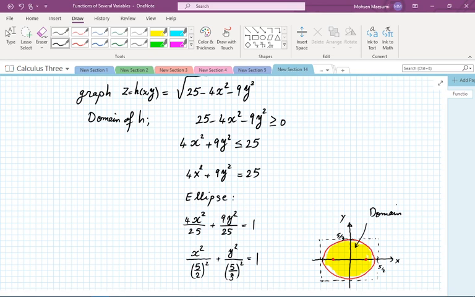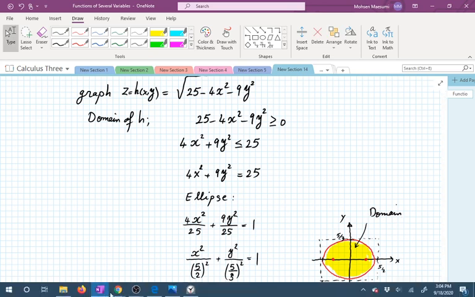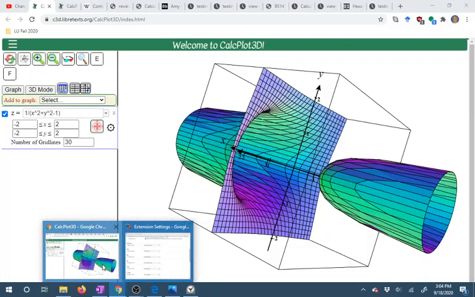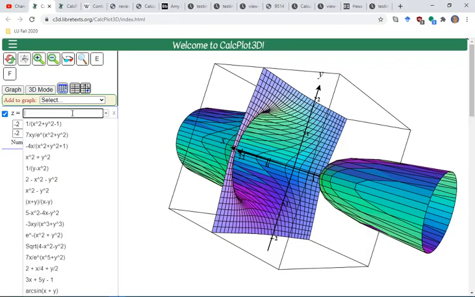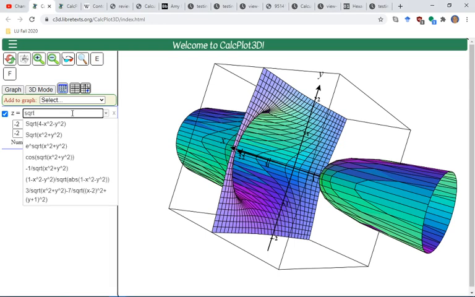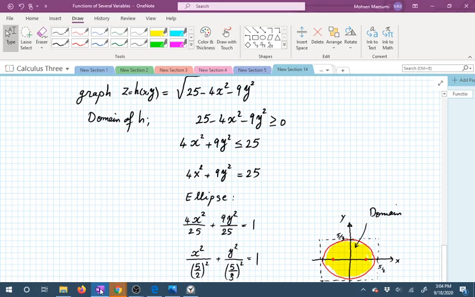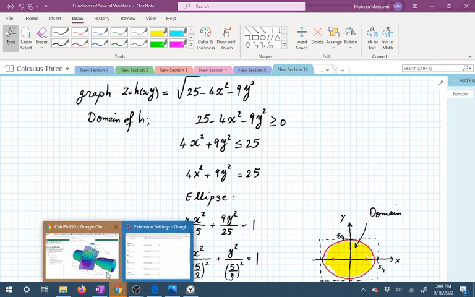To see this a little more clearly, let's take a look at our trusty software here, and let's write one that accepts square root or not. Square root of what was it that we had? I already forgot. 25 minus 4x squared.